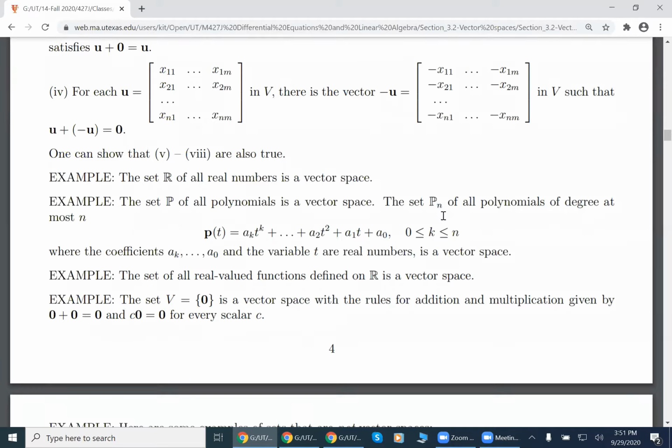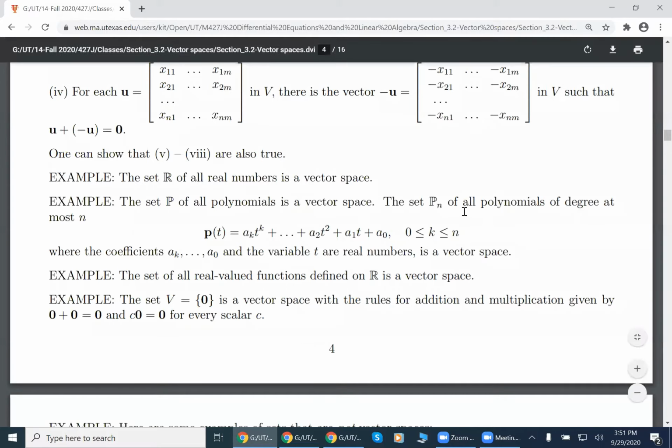Now, remember I said that if you consider the set of all polynomials of degree n, it is not a vector space if n is greater than 0. However, if n is equal to 0, it does not matter.